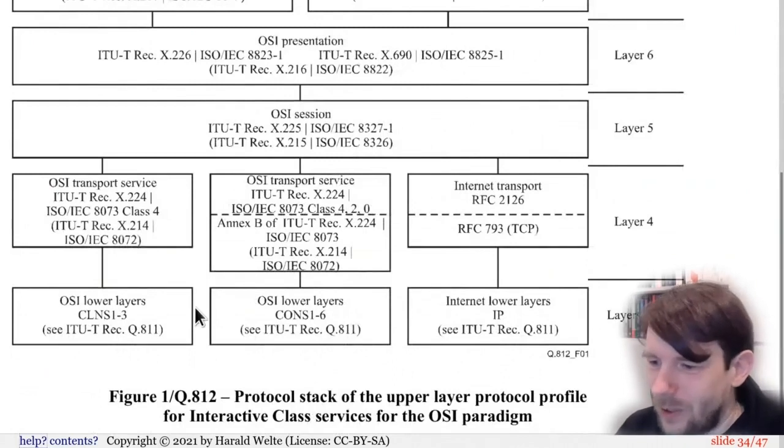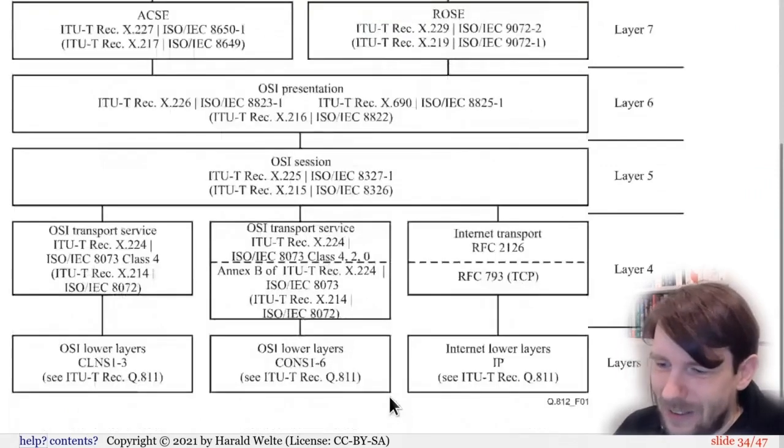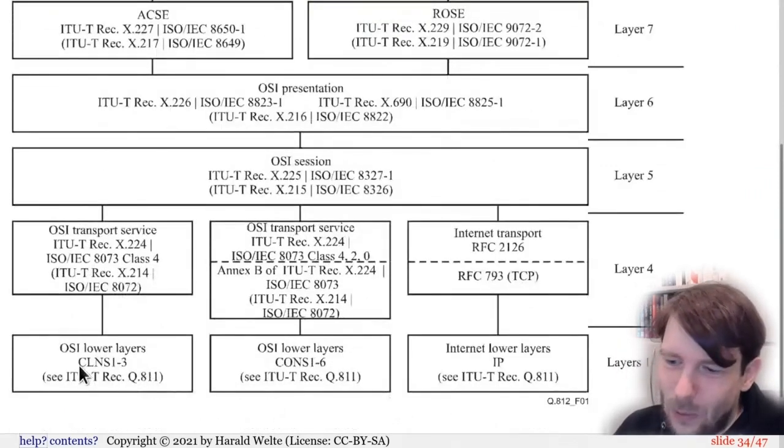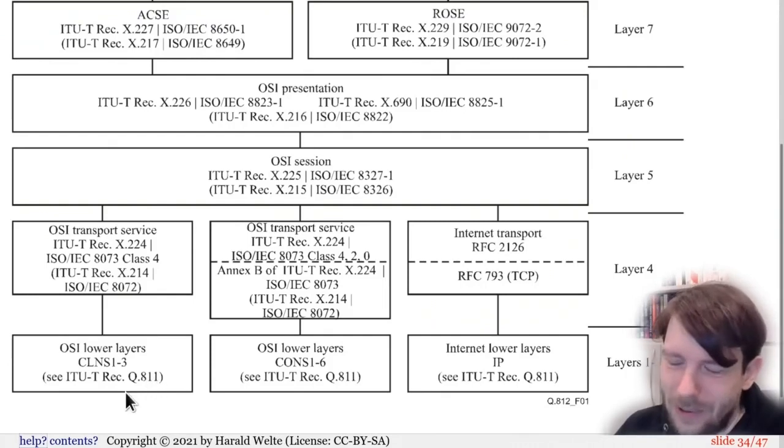So we have this incredibly complex protocol stack just for managing these entities, these access network and local exchange devices. This is, by the way, only the upper layer protocol profile. It's not the lower layer. There's another spec for the lower layers. But in the end, what this means is we have an OSI lower layer of connectionless network services according to Q.811, which in the end uses Ethernet as a transport. So we have Ethernet somewhere underneath there.